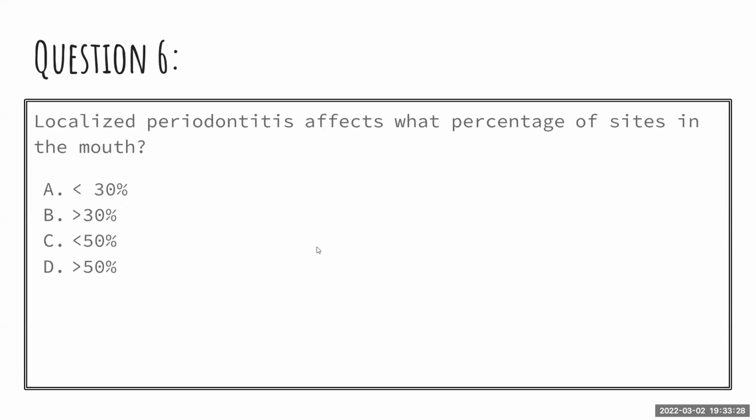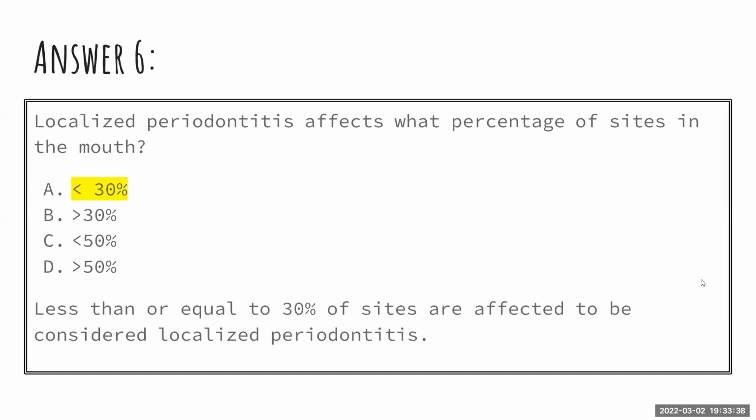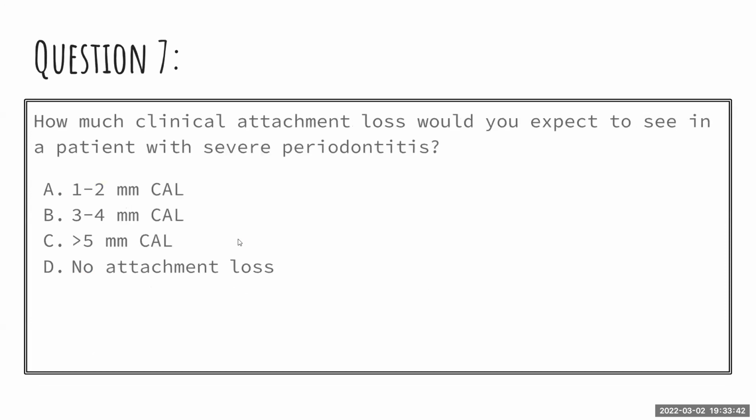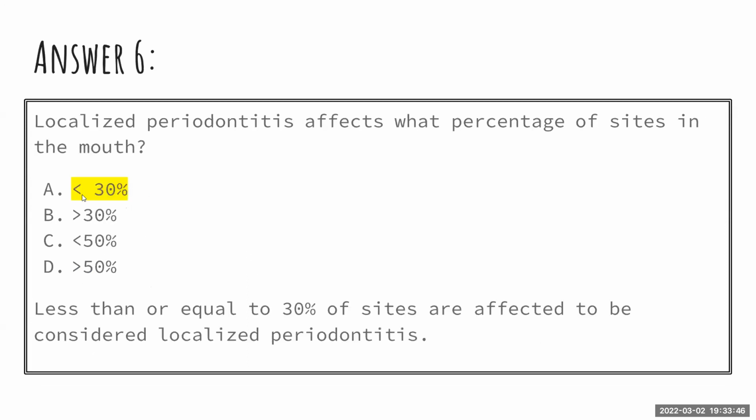Localized periodontitis affects what percentage of the sites in the mouth? A. So it would be under 30 or over 30. Does everybody know what these two symbols mean? Yes, less and then less and more.